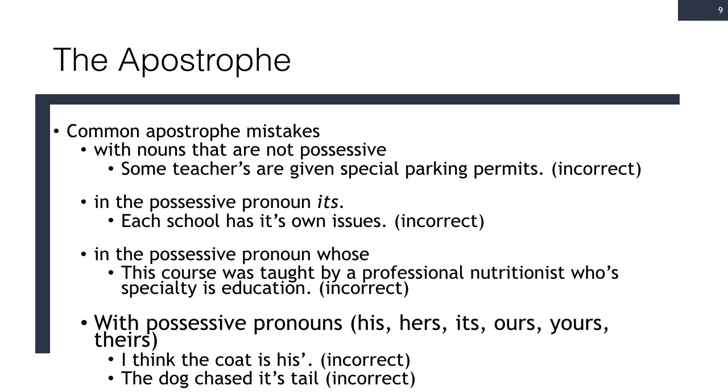It just would simply be, I think the coat is his. No apostrophe. Or the dog chased its. It's not "it is," so it would just be ITS. The dog chased its tail.